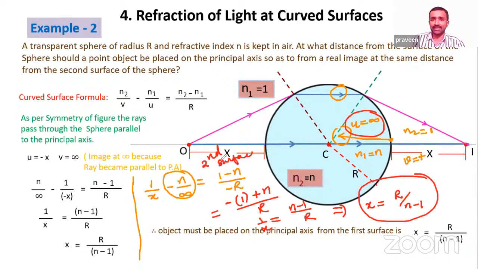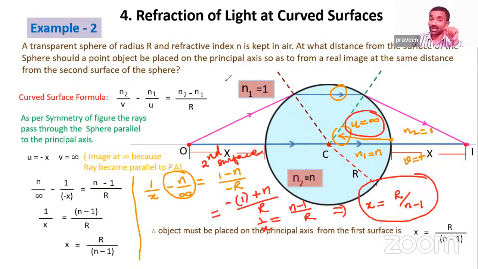So using any surface, you are able to find the solution. This is the method you need to follow in solving this problem. Any surface you can consider, only one surface. Then inside the sphere, the light rays become parallel. Sir, how do you know they are becoming parallel, because you don't know the angles?